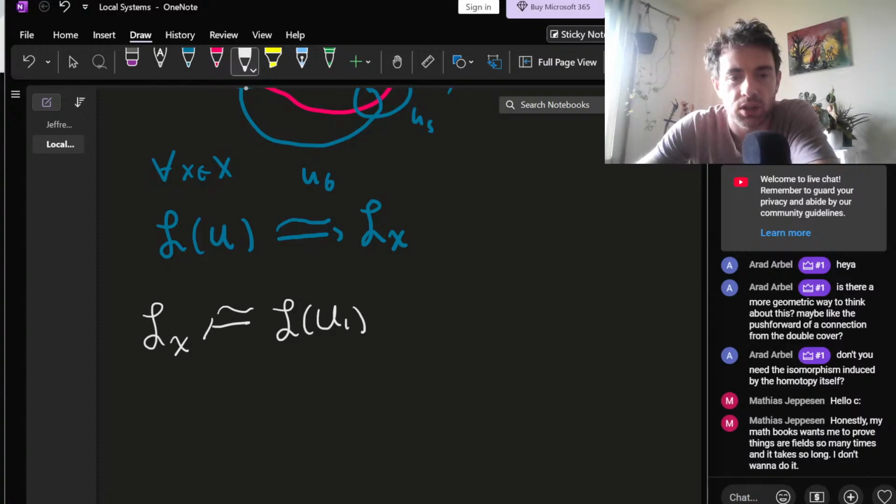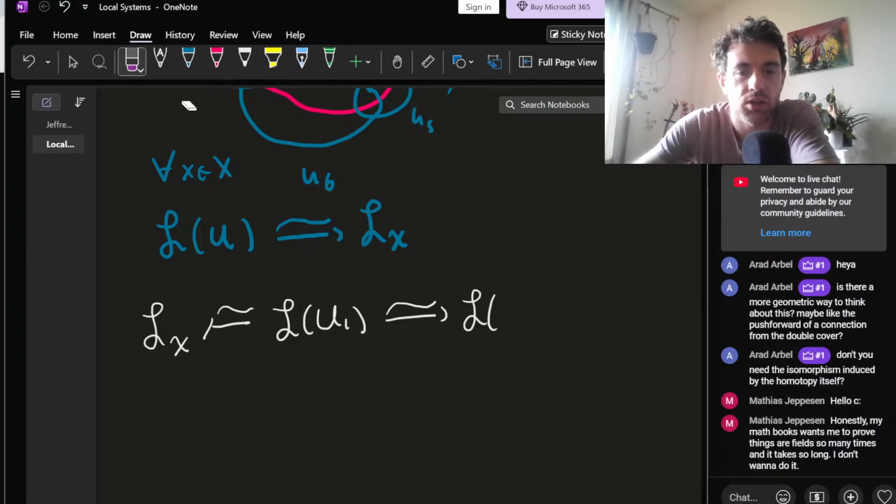And then we can take the localization map down to the stalk of L at x1,2, right?